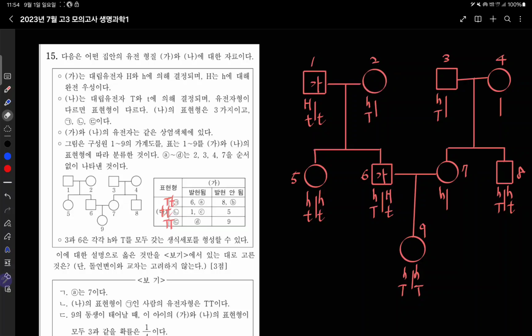And individual number 2 should have one lowercase t allele for her daughter. Because individual number 5 has a chromosome with both lowercase h and t allele, individual number 1 and 2 should have those chromosomes.